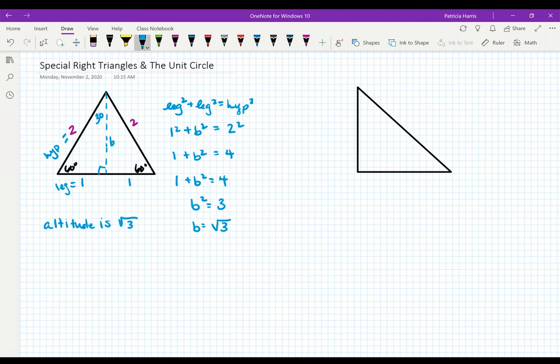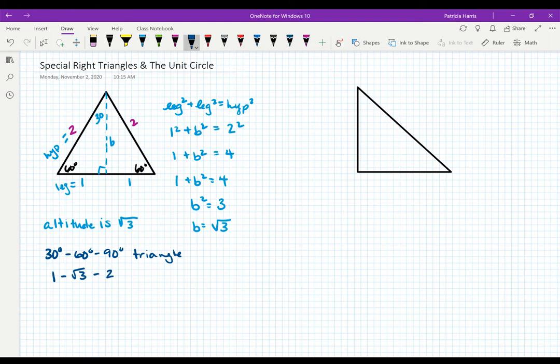So we have built what we call a 30, 60, 90 right triangle. This is referred to as one of our special right triangles, and its lengths are 1, radical 3, and then 2. Please note that your 2 is the hypotenuse.